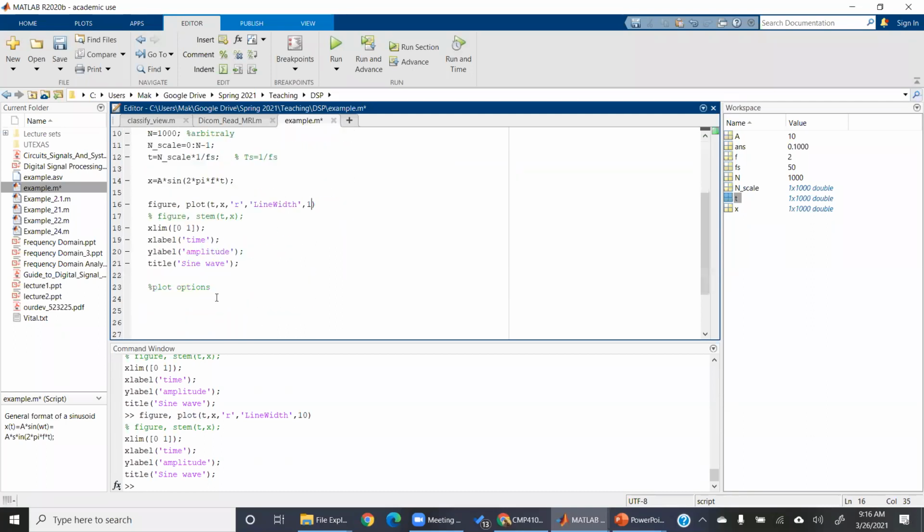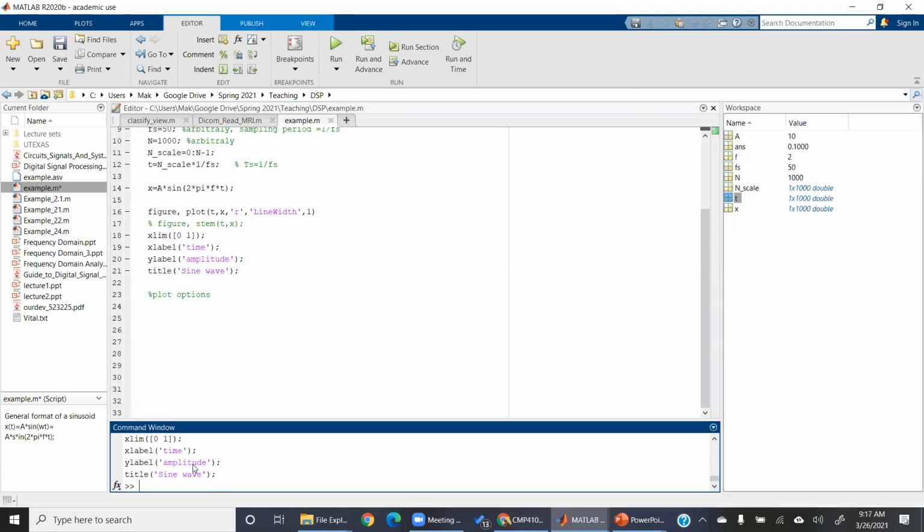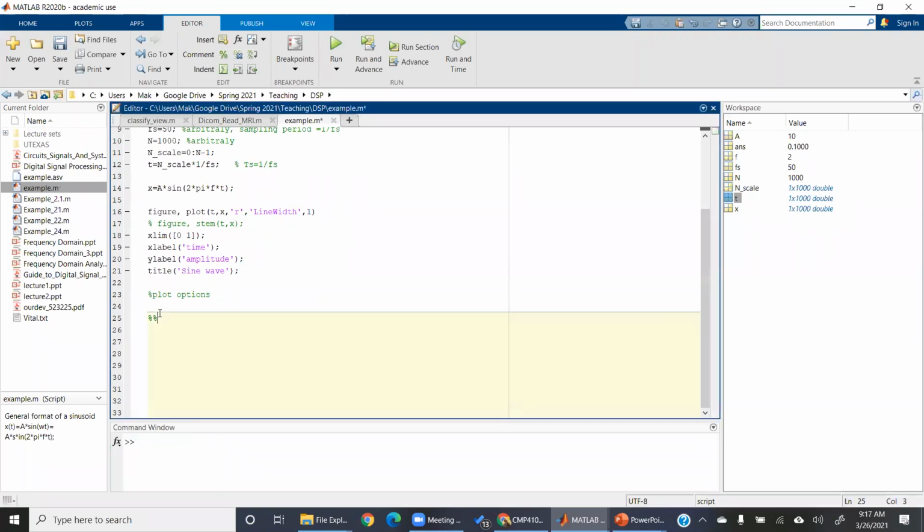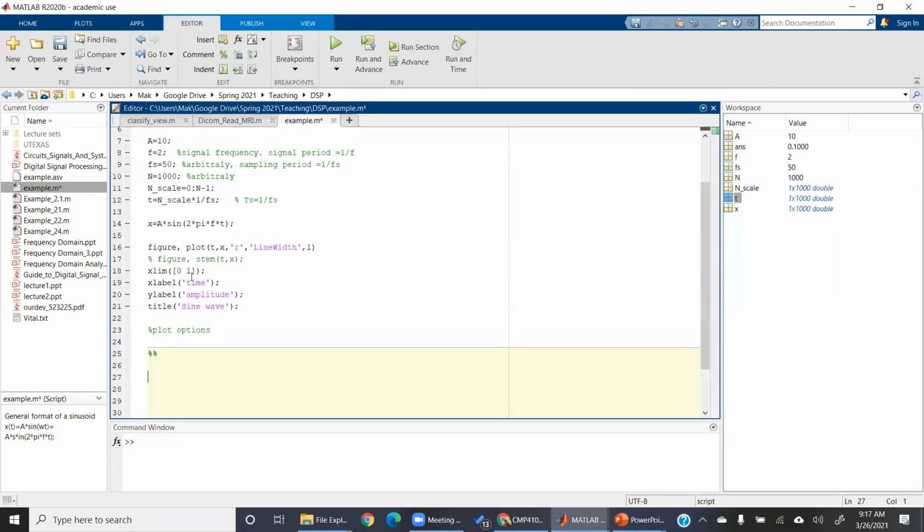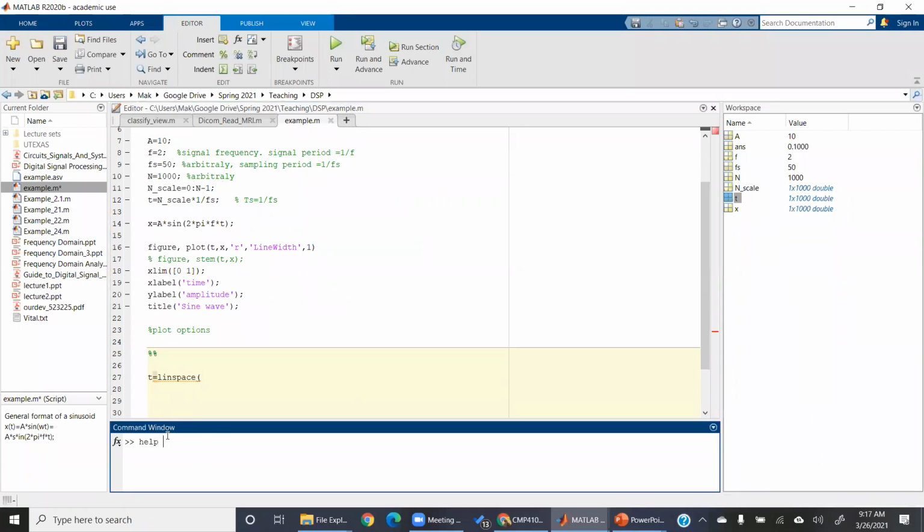Okay, now I want to show you another way of generating a time vector. So let's say I didn't want anything to do with the sampling frequency, and I just want to generate a time scale. There's a function called linspace, and if you want to know what linspace is, you can just do help linspace.